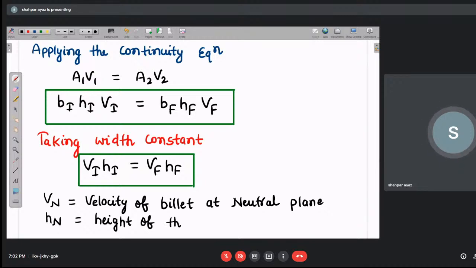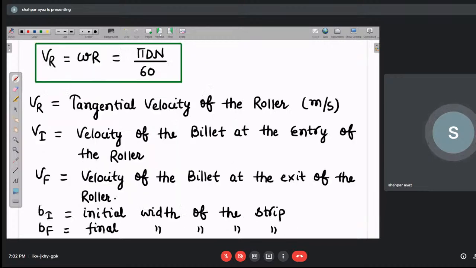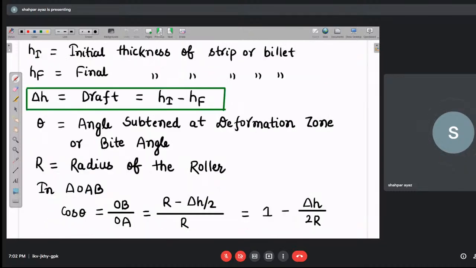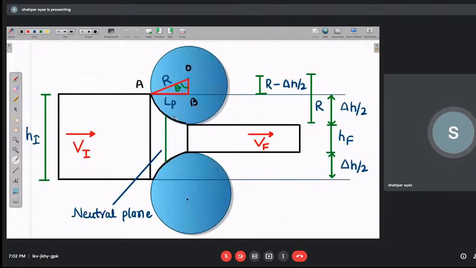Height of the billet at neutral plane. So velocity as well as height, both we need to find. See, guys, gradually when the billet metal enters the roller, its height decreases and velocity increases.